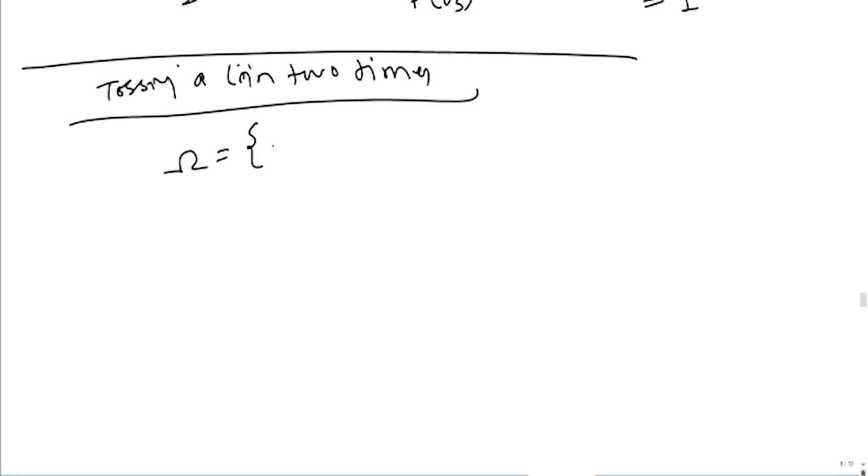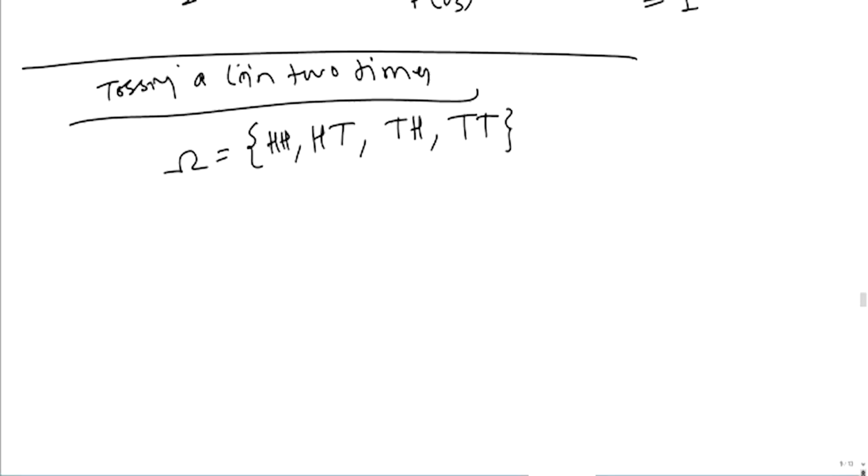So what would be your sample space? You can either obtain heads both times, you get a head on each coin toss, or you can get heads tails, or tails heads, or tails tails. Now this is your sample space. Now your sample space contains 4 elements, right?